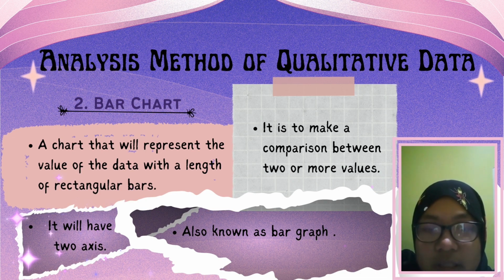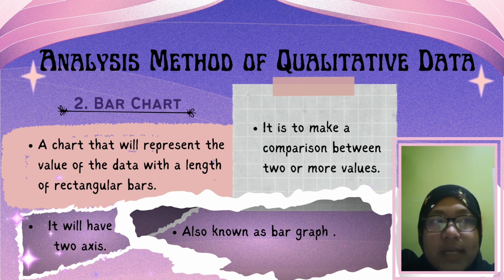Second, we have the bar chart. It is a chart that represents the value of the data with the length of rectangular bars. It can be horizontally or vertically oriented. It is used to make a comparison between two or more values based on the data given and to show any of the levels of measurement.